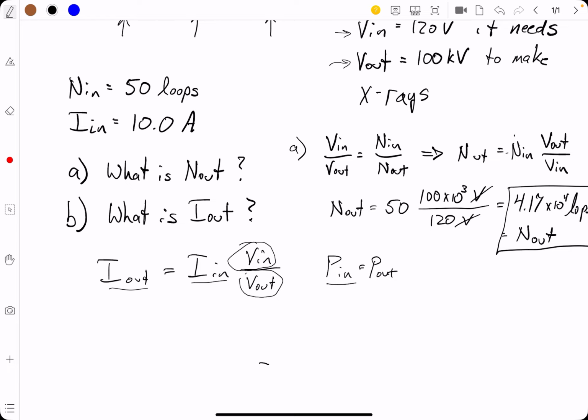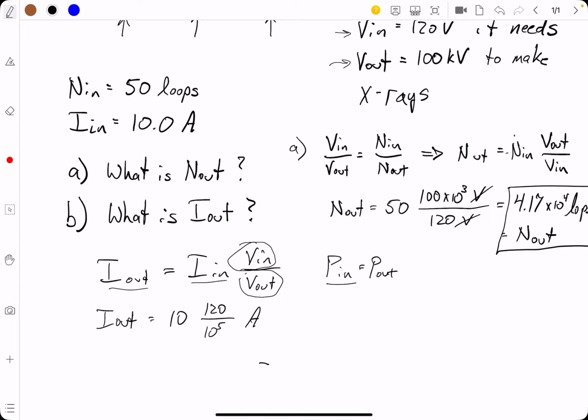We've got our V in and V out. So I out is equal to 10. Of course, it's amps, because the V's cancel, so we're left with just amps. So I'm going to leave 10, and then we've got V in on top, 120 over our 10 to the 5, and then we'll call it amps.